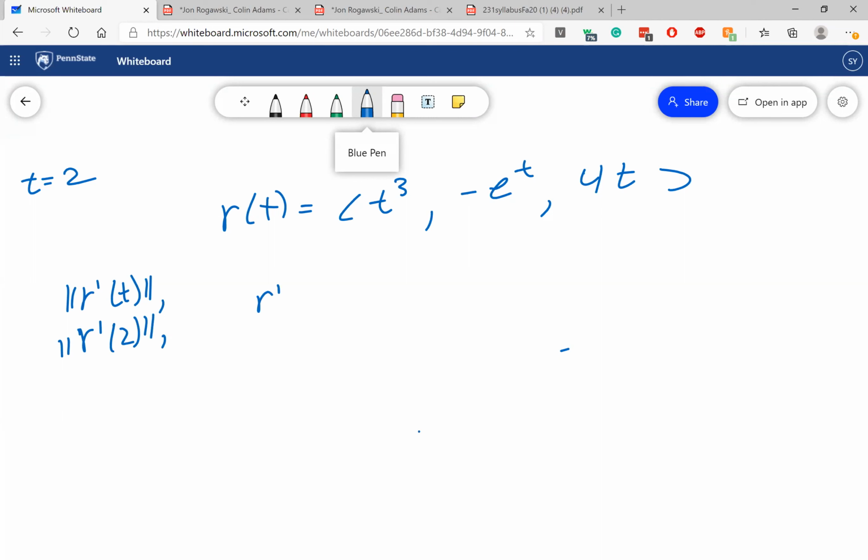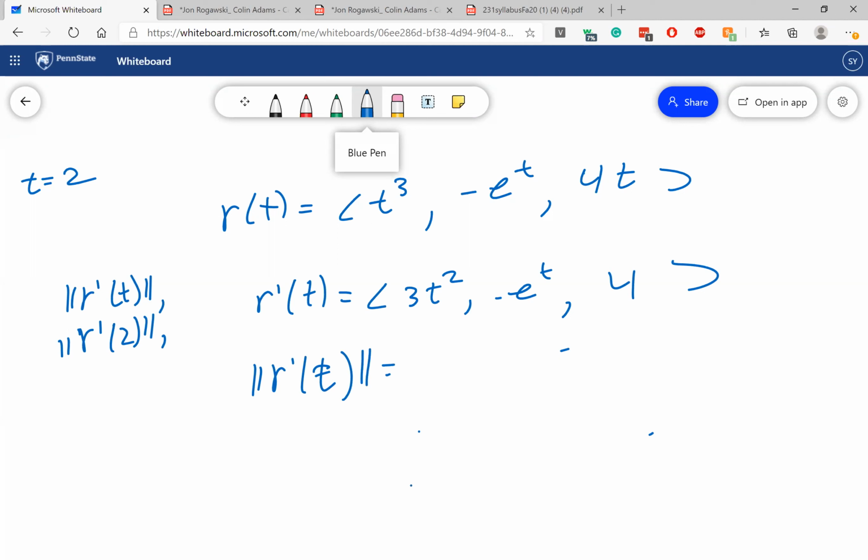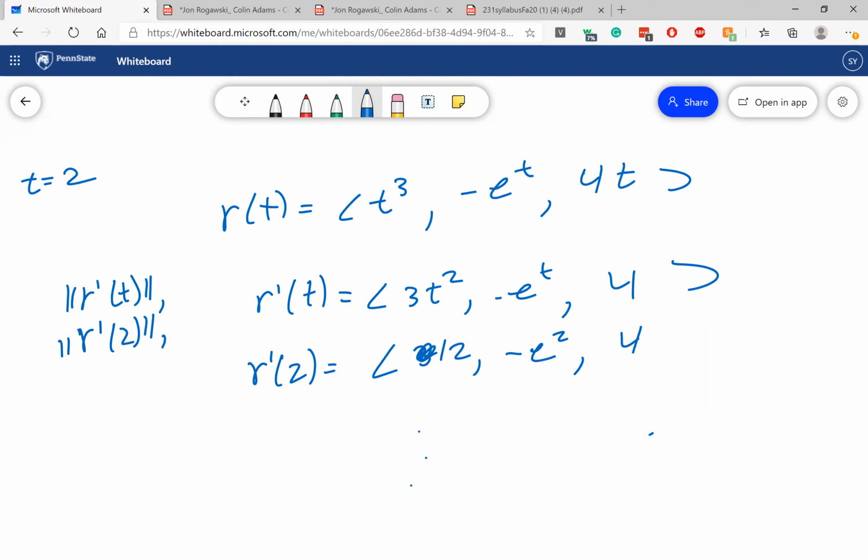So first, r prime of t is going to be equal to 3t squared, negative e to the t, and 4. So the magnitude of r prime of t is going to be equal to, and honestly, let's just plug in t at this point. So r prime of 2 is going to be equal to 12, negative e to the 2, and 4.